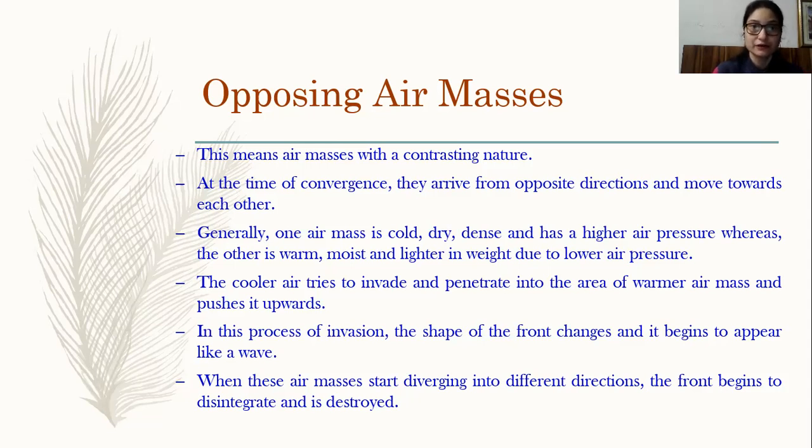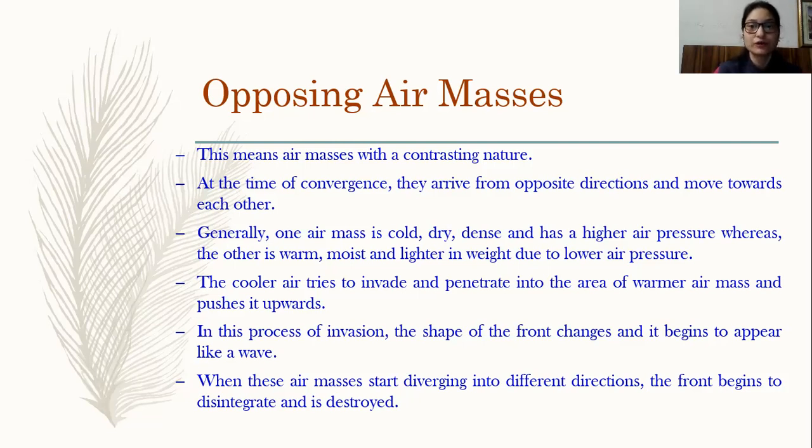We have already learned about the cold air mass and its characteristics in the lecture on air masses, but just for a brief review, a little revision, I will give you. Cold air masses are stable air masses. Cold air masses are generally dry. Cold air masses are dense.